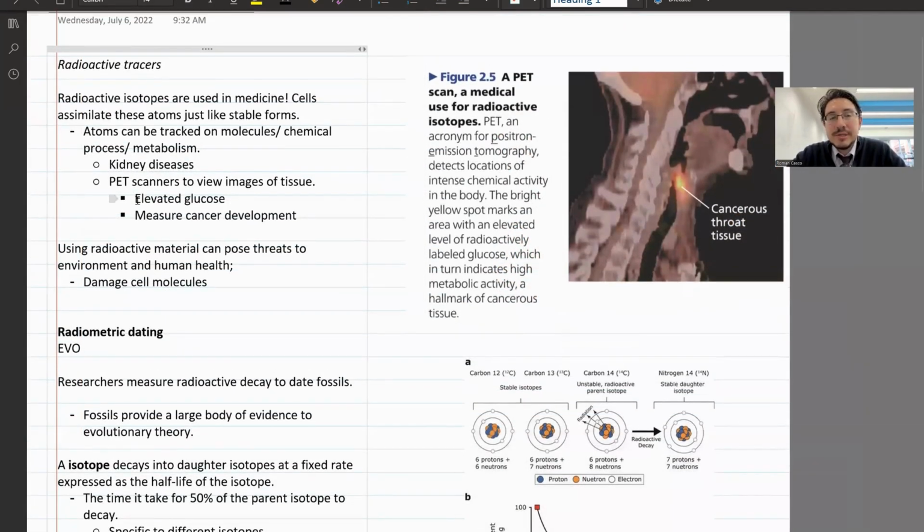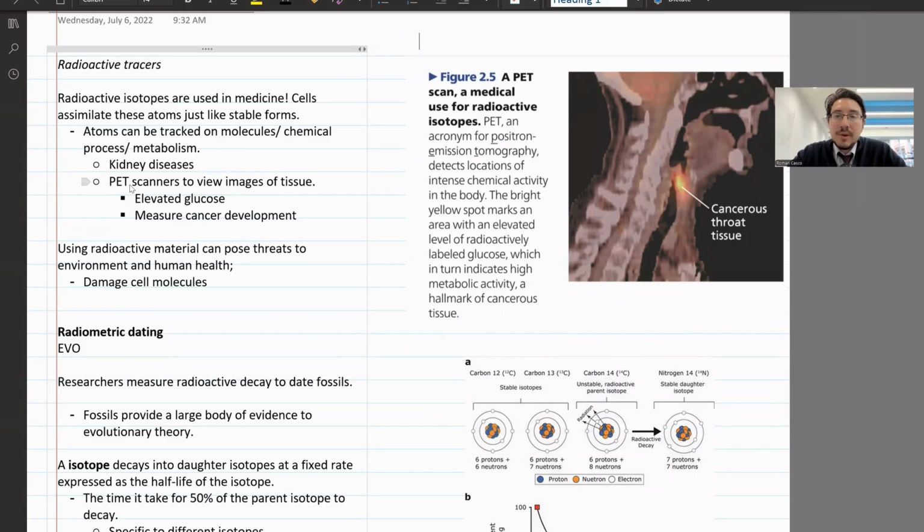So radioactive tracers, right? Yes, radioactive isotopes are highly used in medicine. Okay. Cells assimilate these atoms just like stable forms, so we can absorb isotopes just like the most stable forms of these atoms. Okay. And these radioactive forms can be tracked visually through different types of imaging.